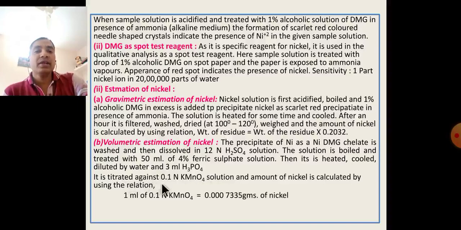It is titrated against 0.1 normal KMnO4 solution, and the amount of nickel is calculated by using the relation: 1 ml of 0.1 normal KMnO4 is equal to 0.000733 gram of nickel. Thus, this is volumetric estimation of nickel by the titration method.